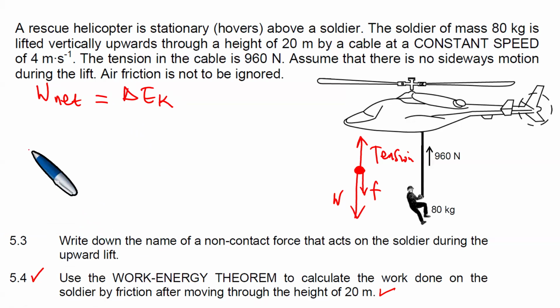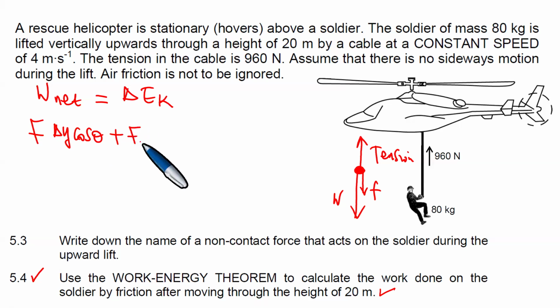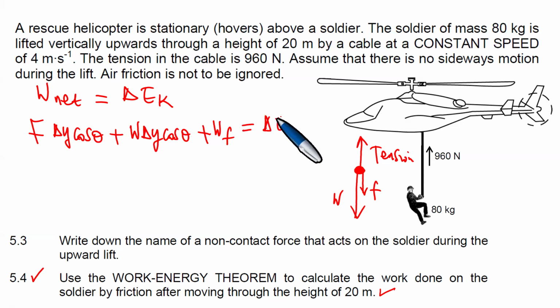So with this mentioned, we note that you would have the force applied times change in y times cosine theta, plus the weight times delta y cosine theta, which equals the change in kinetic energy.